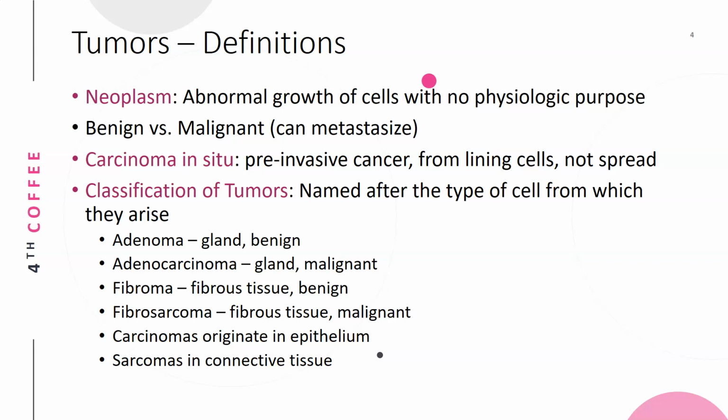A fibroma arises from fibrous tissue and is benign, but a fibrosarcoma, sarco meaning flesh, arises from fibrous tissue but is malignant. Carcinomas tend to originate in the epithelium. The epithelium is what lines our body and our cavities and organs. So it's the first line of exposure, first line of defense, and that's usually where your cancers will come from. Sarcomas, though, originate in connective tissue.